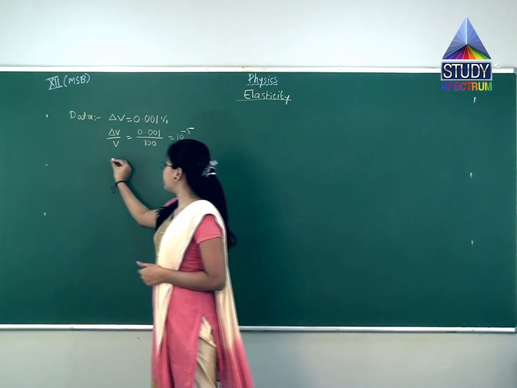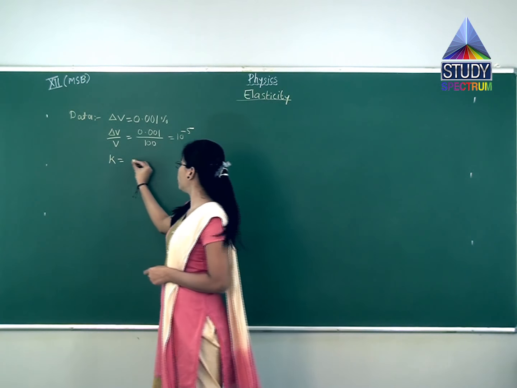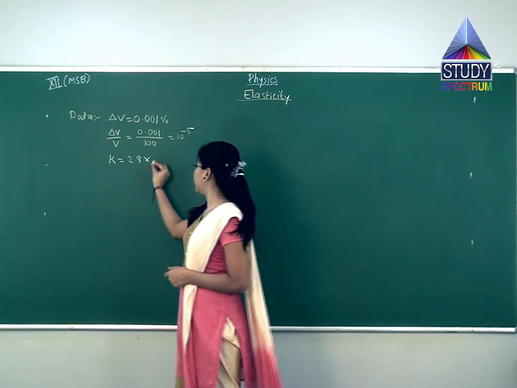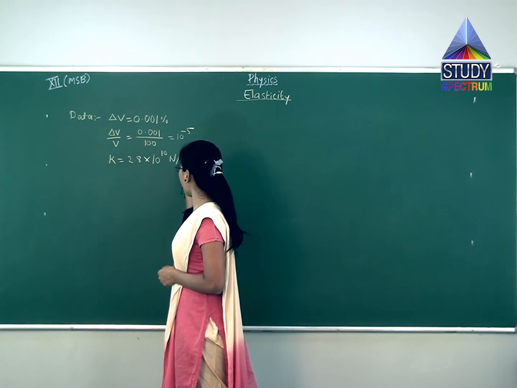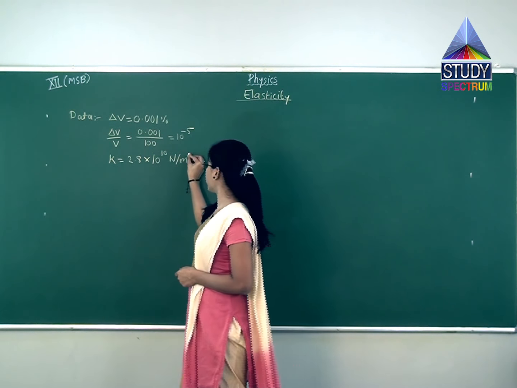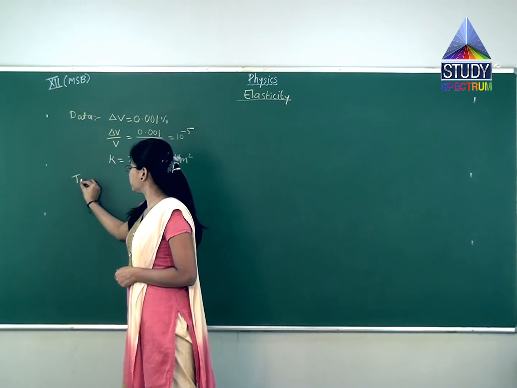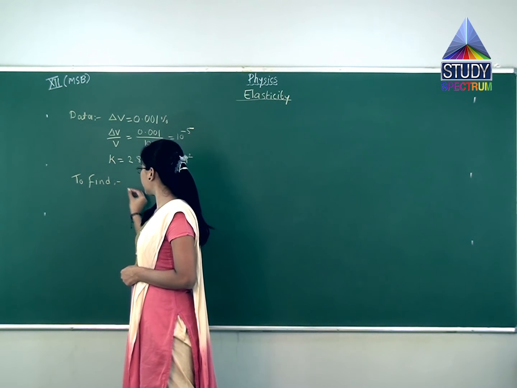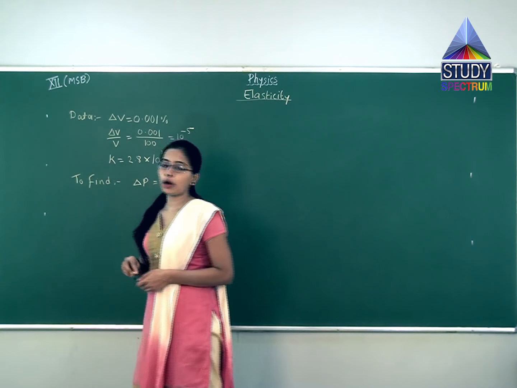Now K value is given, bulk modulus, and it is 2.8 into 10 raised to 10 Newton per meter square. Now we have to find change in pressure. That is, we have to find delta P is equal to how much.